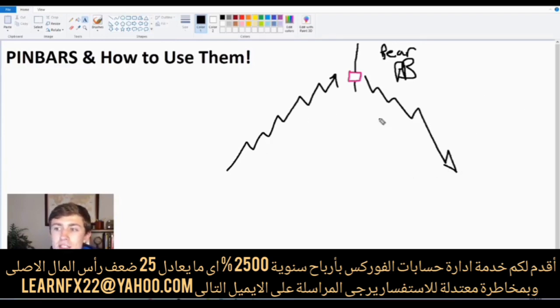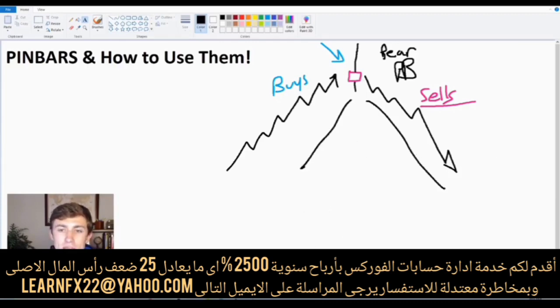So buyers in this case are in control. And then we see this bearish pin bar before a reversal in favor of the sells. Okay, very simple concept, but the idea here is, again, if we expand this out, we have a major move to the upside. Buyers are still in control, but then sellers come in and basically smack down that price, showing that there's a lot of sellers or resistance in this potential area.